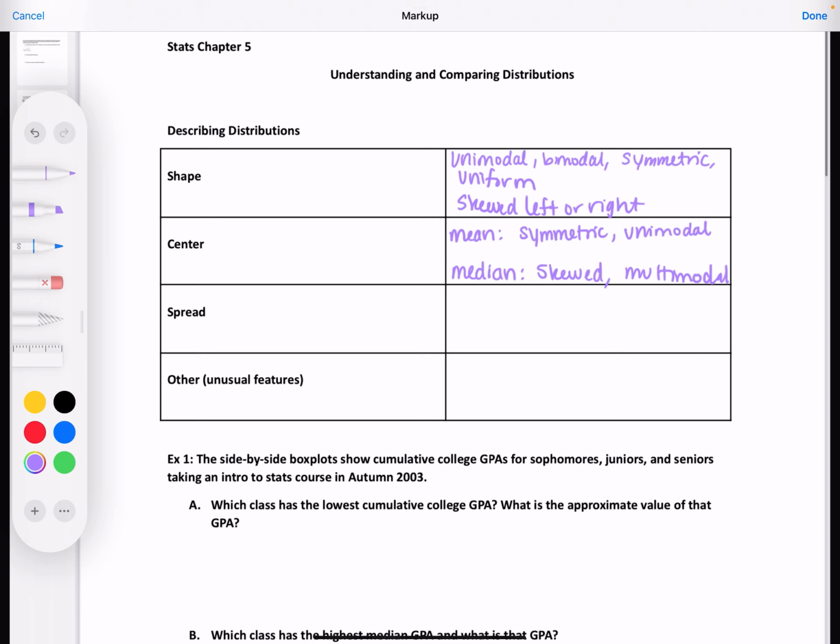What about the spread? What are the two things that we're looking at for that? The min and the max. Oh wait, the quartiles. Okay, so IQR would be one of them. Yep, and standard deviation would be the other. Standard deviation is used when?